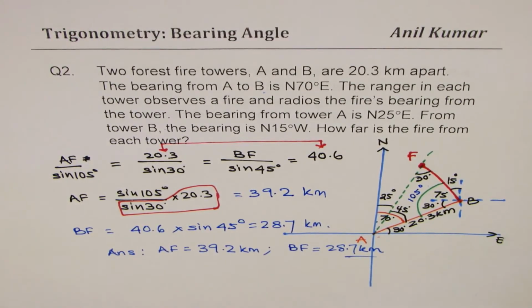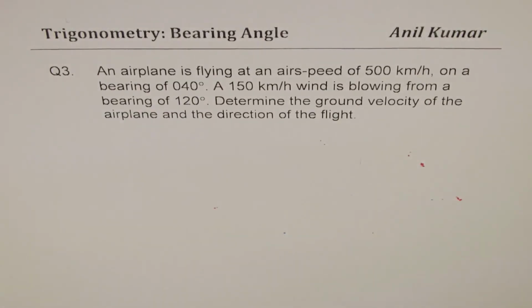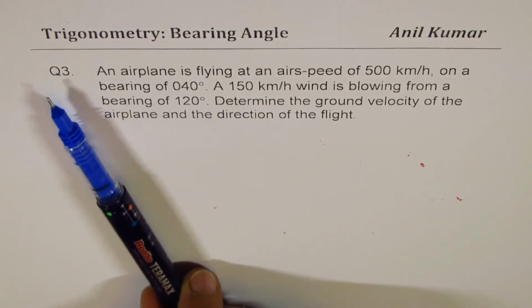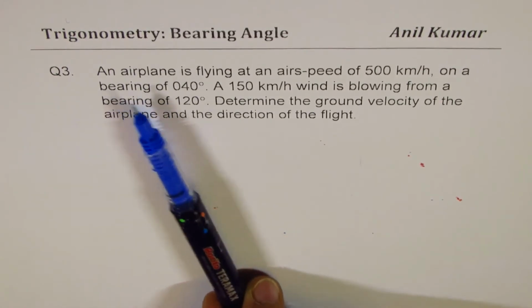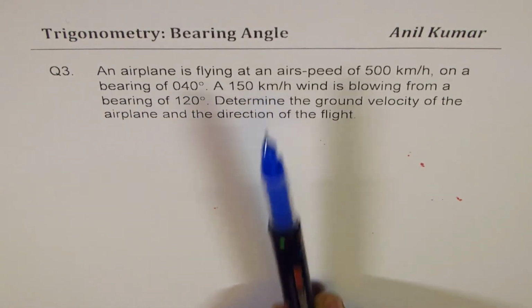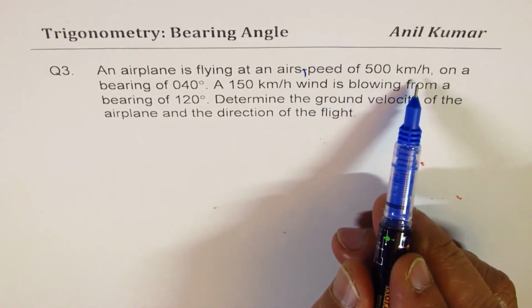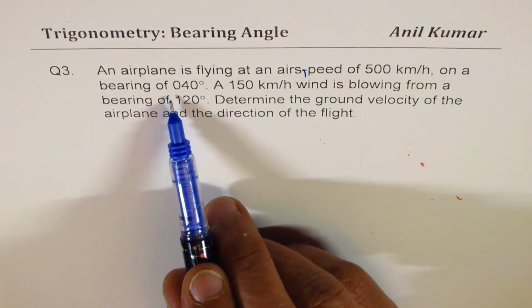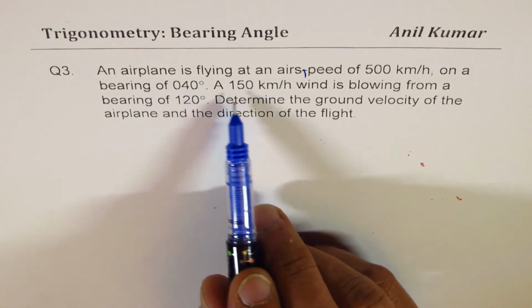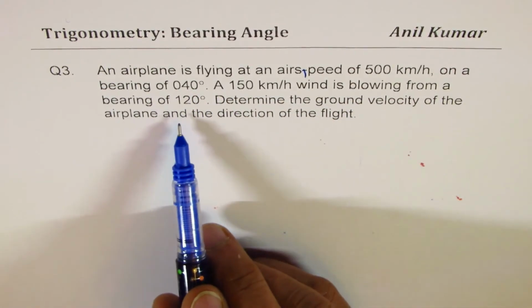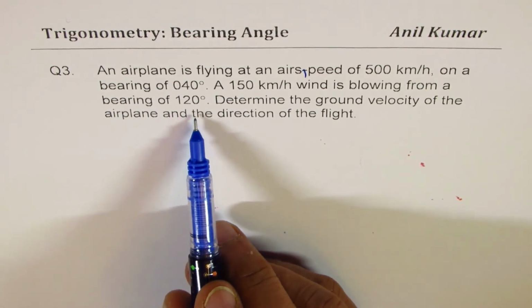Let's move on. We have one more question here based on bearing angle, and this time we'll take up velocities as an application. Question number 3 is: an airplane is flying at an airspeed of 500 kilometers per hour on a bearing of 40 degrees. A 150 kilometers per hour wind is blowing from a bearing of 120 degrees.